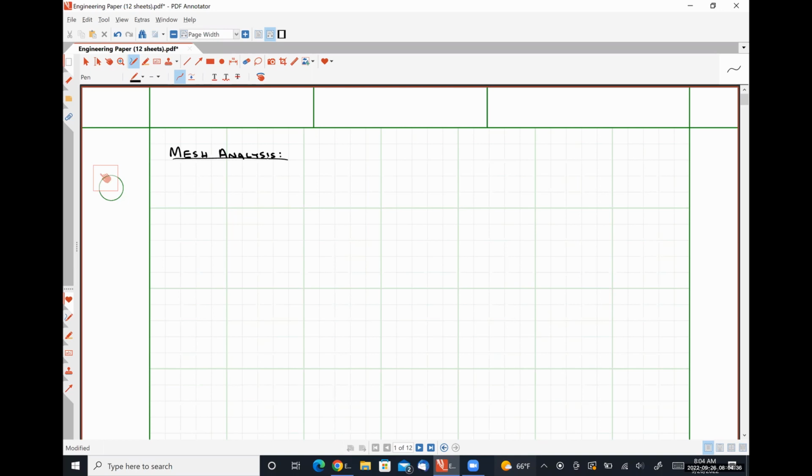Okay. So let's look at our first circuit. We are going to start with circuits that do not have current sources, and then we'll move to circuits that do include current sources after we figure out what the general rules are.